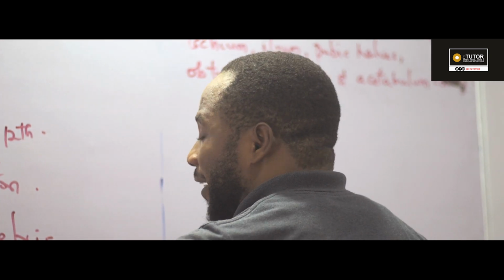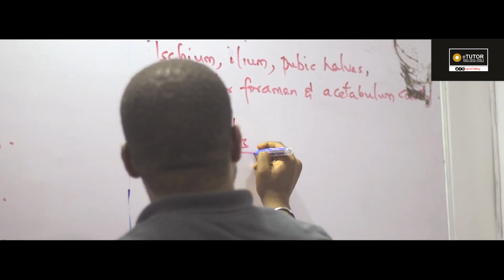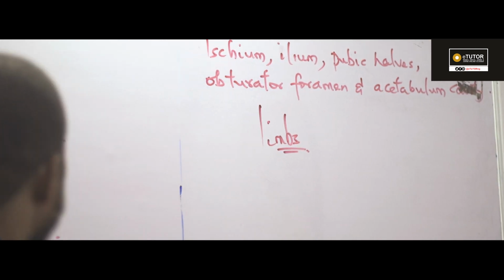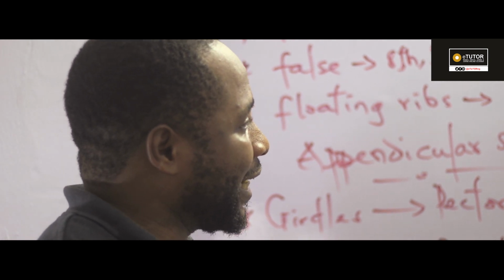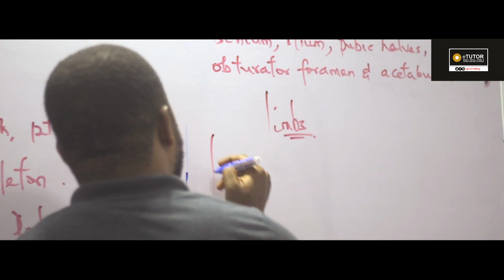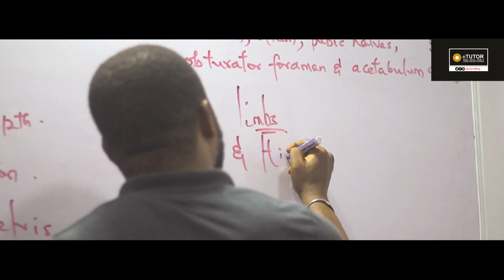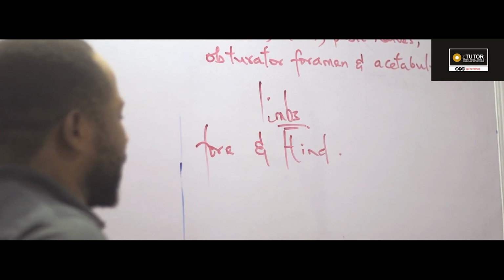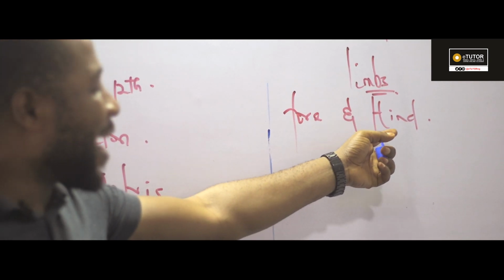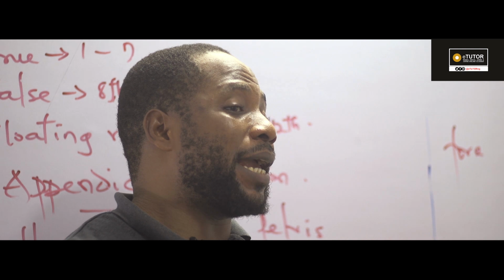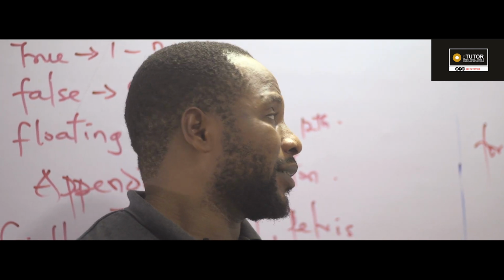Now, the next one is the limbs. I said the limbs are divided into forelimbs and hind limbs. The number of bones in our forelimbs and our hind limbs are the same, and they also have the same arrangement.